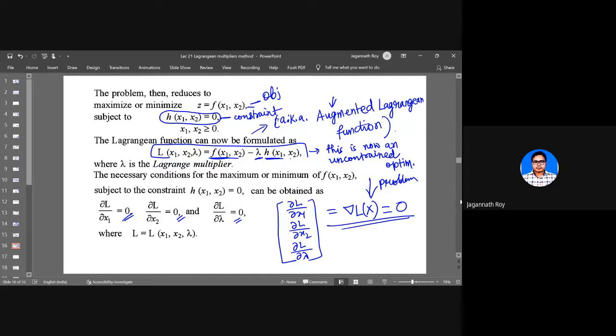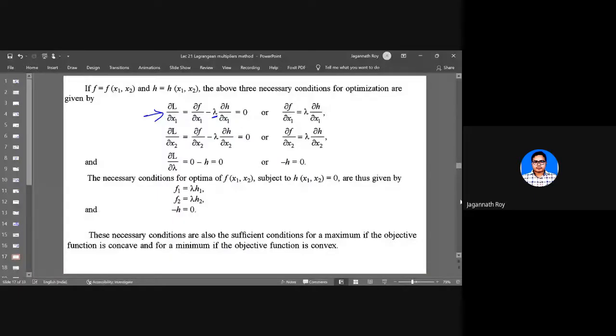So this is nothing but lambda times del h del x1. Similarly for this one also, and here we get minus h equals to 0.